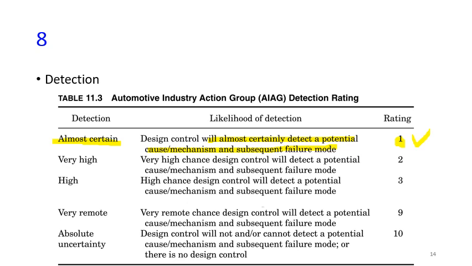But if the design control will not or cannot detect a potential cause of a failure mode, or there's no design control that has been thought about, then the rating is 10, which is the worst, because right now the design team does not even have an idea about how to control the design.